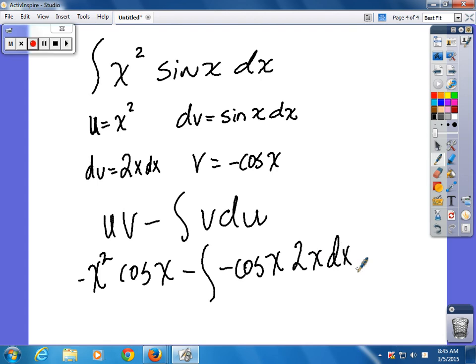So we have to do it again. I pull that negative 2x out. I meant negative 2, I pull that out. Might help you out a little bit.